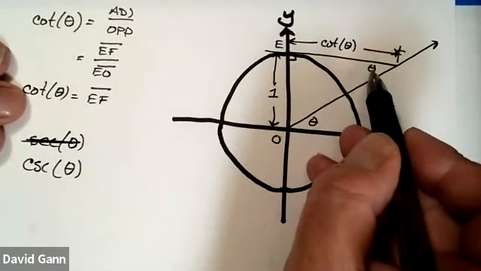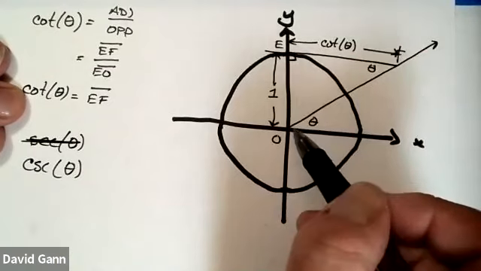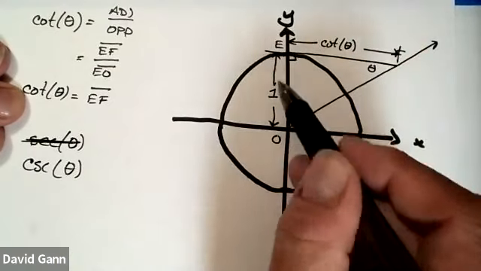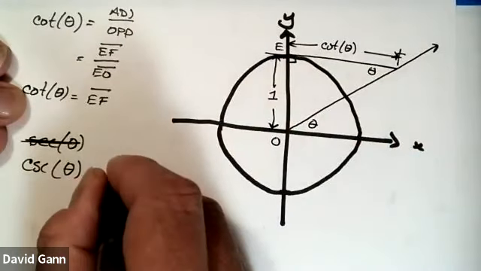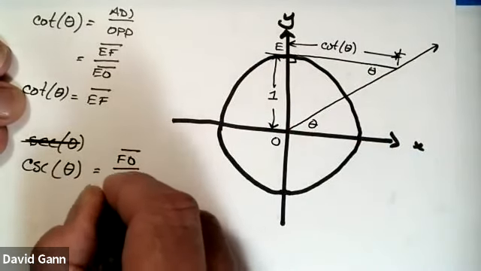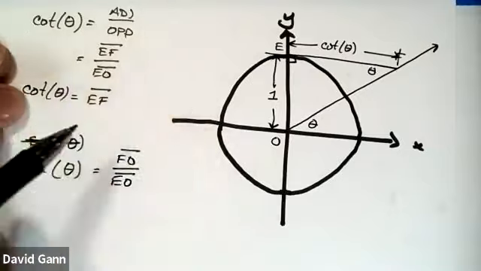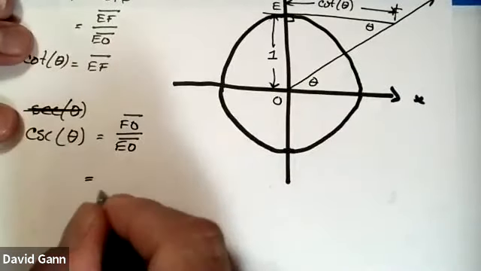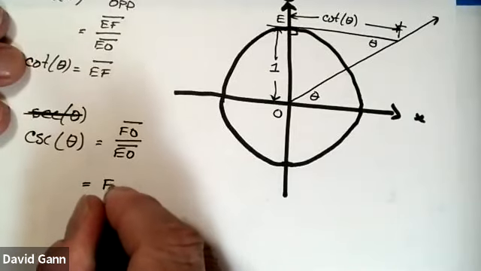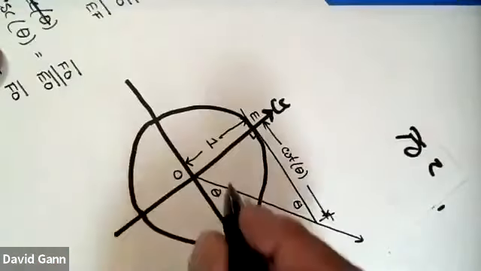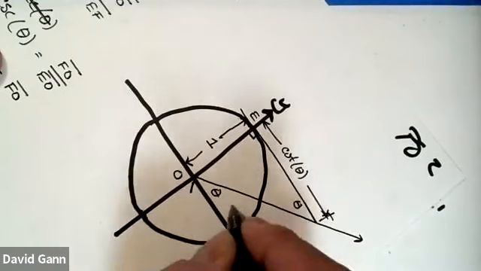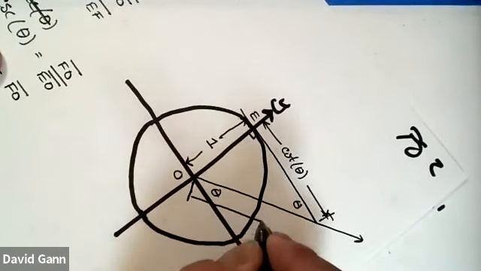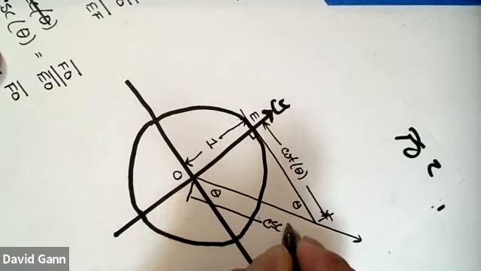And if you look at this angle, the hypotenuse is FO, and the opposite is EO. So we have FO over EO. And again, just like with cotangent, EO is equal to 1. So we simply have that this is FO. So to draw it on the diagram, this is cosecant of theta.